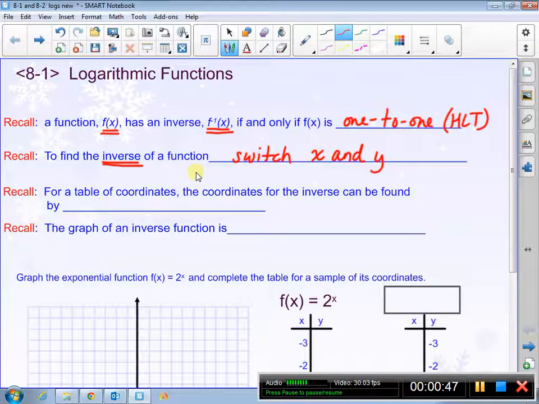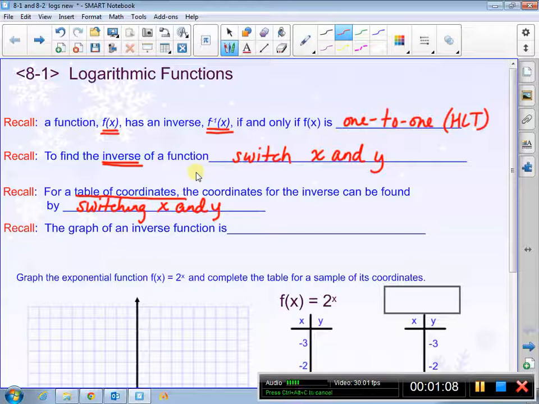We switch x and y in the equation. We can switch x and y in the table of coordinates. And when we switch x and y in the equation, we end up solving for y.